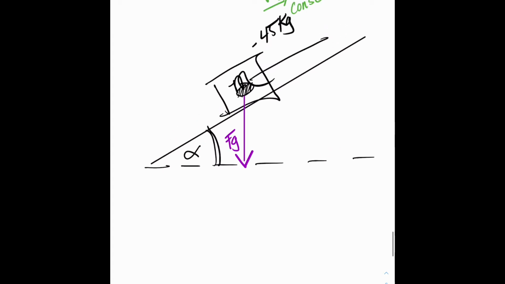The second force is force normal, which always points 90 degrees to the surface. So 90 degrees is perpendicular to the surface. And so we're thinking something like this right here. I'm going to use lowercase n.